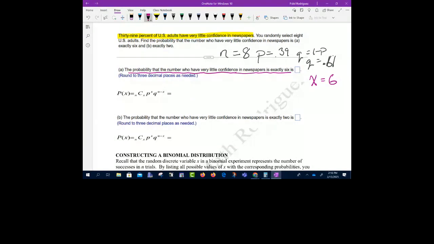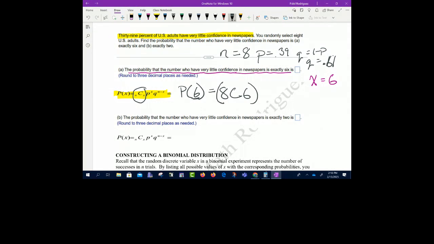I have a little formula for us right here, and we're going to use this formula. We're going to say the probability that 6 people out of those 8 feel that newspapers are not too accurate, we're going to do this part right here. Let's look at the first part. What do we say our value of N was again? 8. So we're going to go 8 choose X. X in this case is 6.